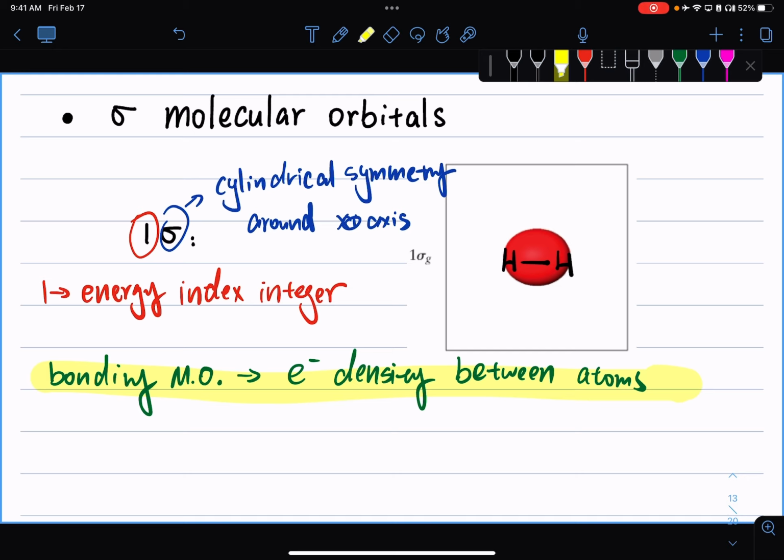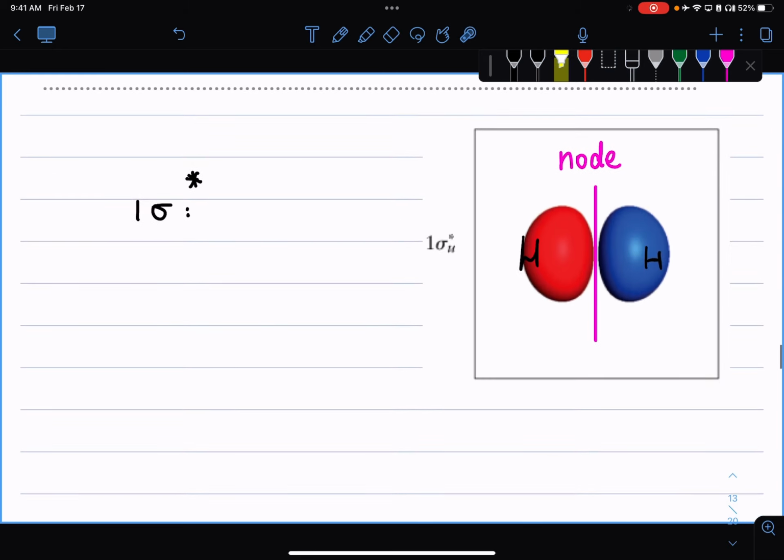All right, so what does an anti-bonding MO look like? So an anti-bonding MO, well, we have the same 1, that's for the energy index integer. Sigma, that's still cylindrical symmetry around the axis. But in the anti-bonding MO, here we have that star. I'll actually use this pink color.